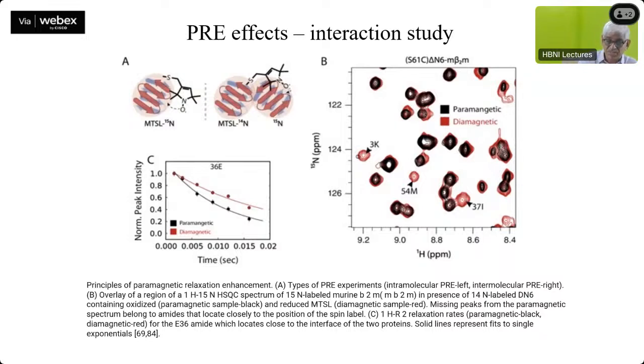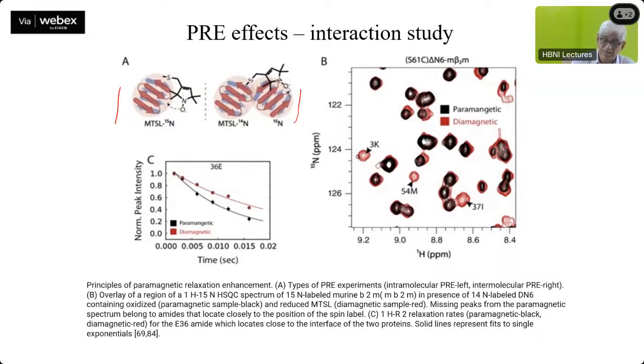Here, if the two proteins are interacting, you are seeing which region of the protein is interacting. You have the label attached on a protein which is not N15 labeled. So therefore, this is the diamagnetic system, and this is a paramagnetic system, because the spin label is attached on the N15 protein itself.